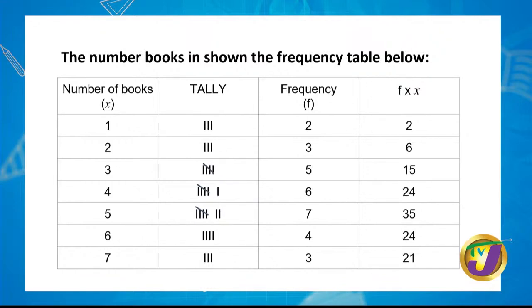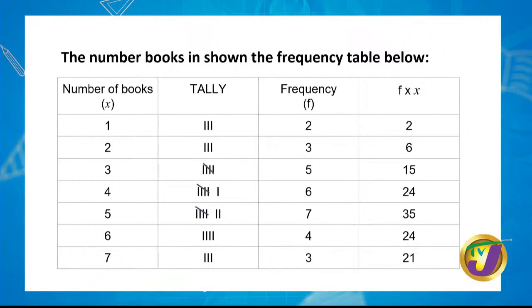So we had 2 students having 1 book in their bag. That would be a total of 2 books. And you would have 3 students with 2 books in their bags, and that would be 6 books. I'm seeing a little error on our projector here, because the tally is showing 3 strokes, but the frequency is actually saying 2.